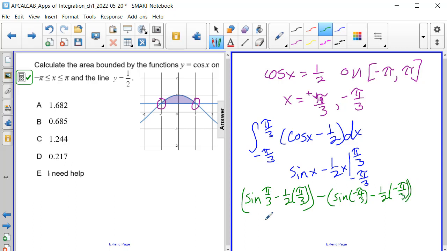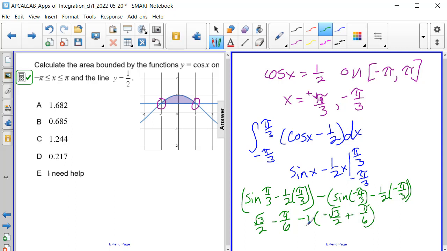Okay, so the sine of pi over 3 is square root of 3 over 2 minus pi over 6. Then we have minus the sine of negative pi over 3, which is negative square root of 3 over 2 plus, because I have minus a negative here, pi over 6.